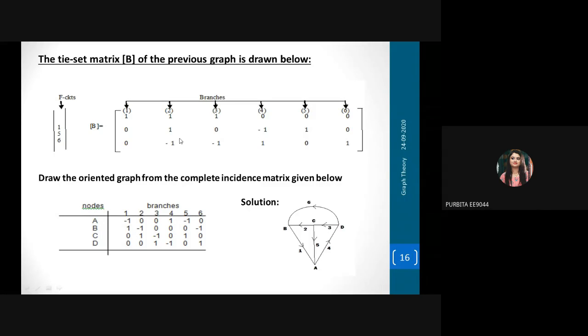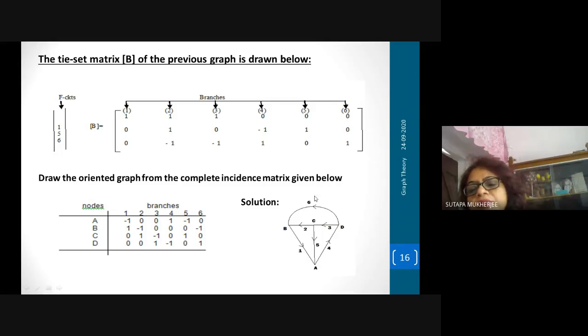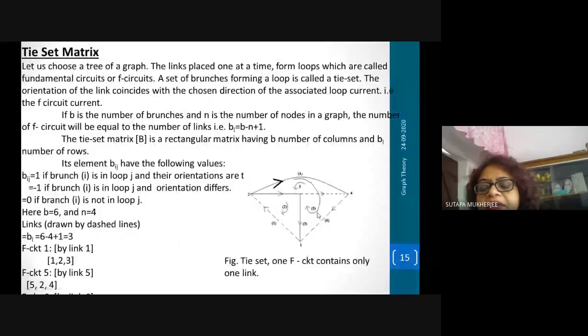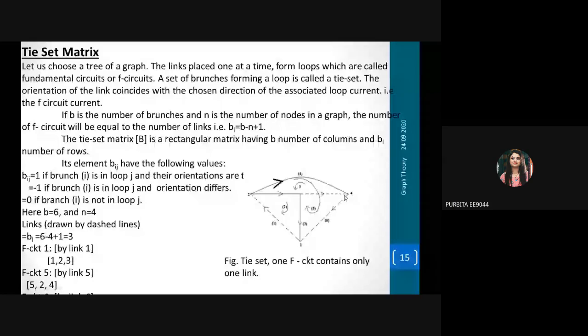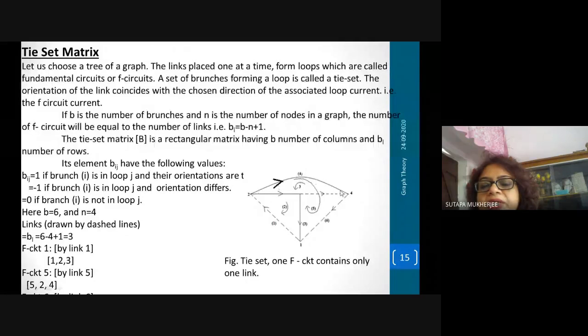Ma'am, here it is 2, 4 and 5. Might be a problem here, but the concept is the same. Just remember, link number 5, which is the loop? This loop. So 4, 5 and 2, right? 2, 5, 4.